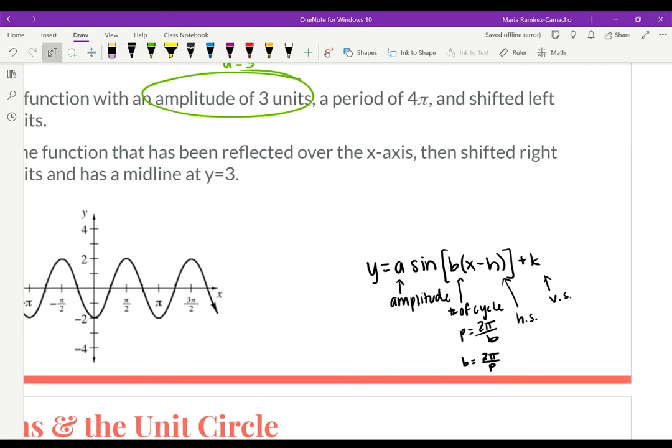And so knowing that our period is 4 pi, we can say that B is equal to 2 pi over the period, which is 2 pi over 4 pi. And then if we simplify that, that's going to give us our B value. So these pi's cancel out, and 2 over 4 reduces to 1/2.